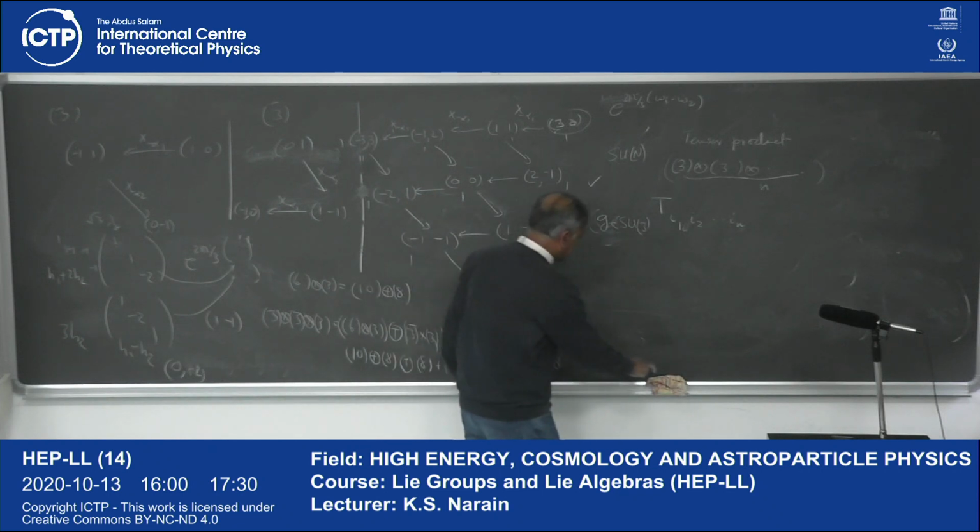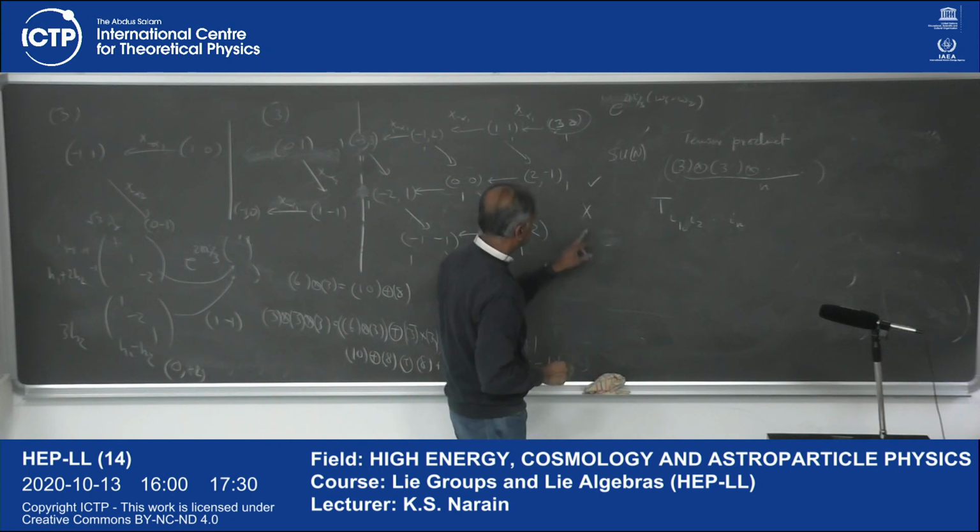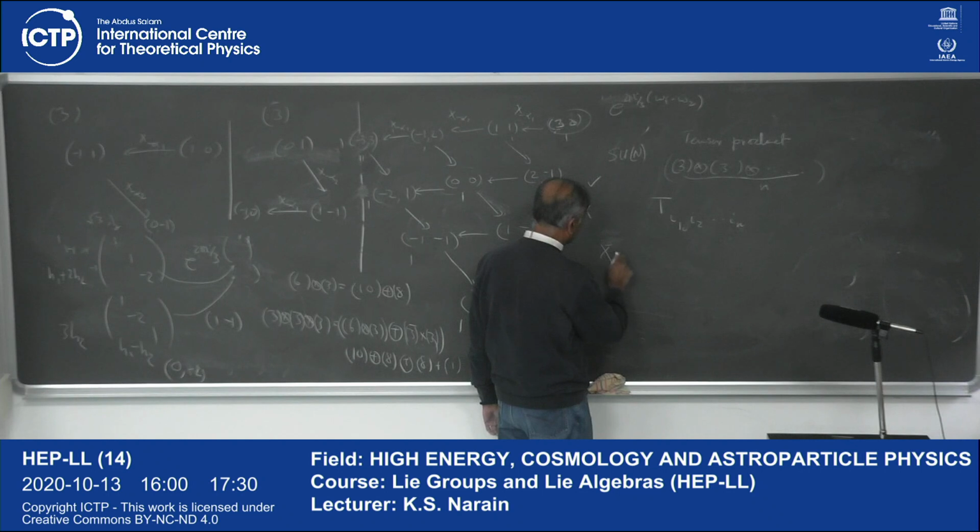Now let's look at an action of a Lie algebra element X. I want to ask how it acts on this. Suppose X acts on the fundamental representation, just on a single 3.